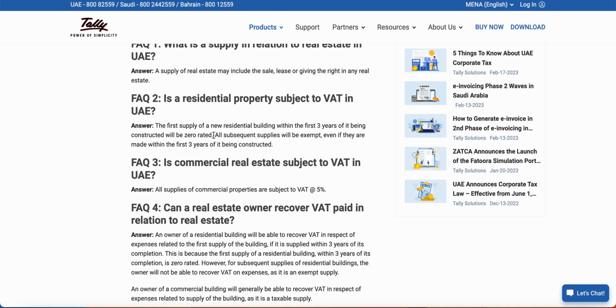And the other thing is that when you are selling a residential building or residential property, and it is only once or twice in a year, or it's infrequent, meaning that this is not your main business or your livelihood, but you just have some spare building or you get a good option, so you're selling it as an investment. Then you may not have to register with the FTA as a registered VAT person.